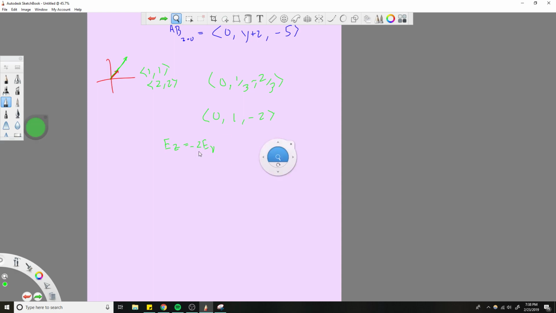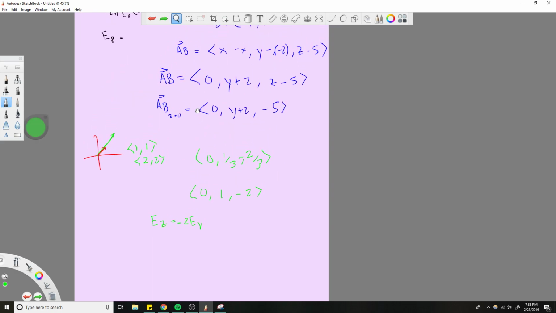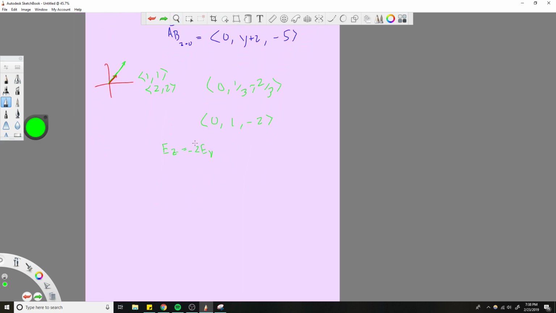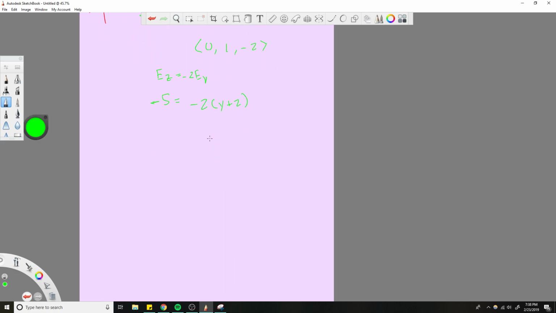So what does that tell you? Well, we have these components here. The z component's -5. That's equal to -2y plus 2. And now we have a simple equation we could solve for the variable, right?